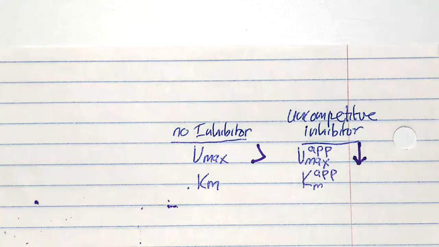Think about this now. Is it going to take more substrate concentration to get to Vmax over 2? Or will it take less substrate concentration to get to Vmax over 2? So what do you think it's going to be?